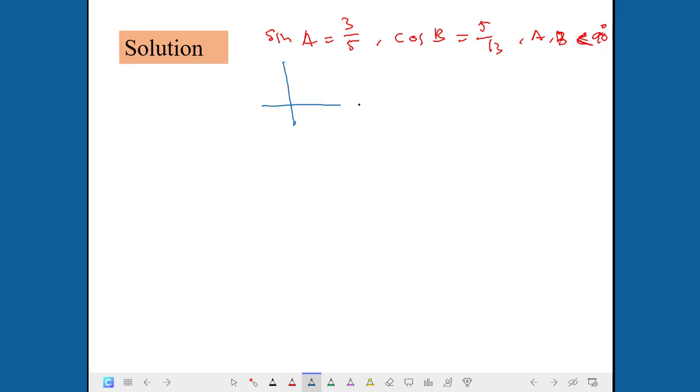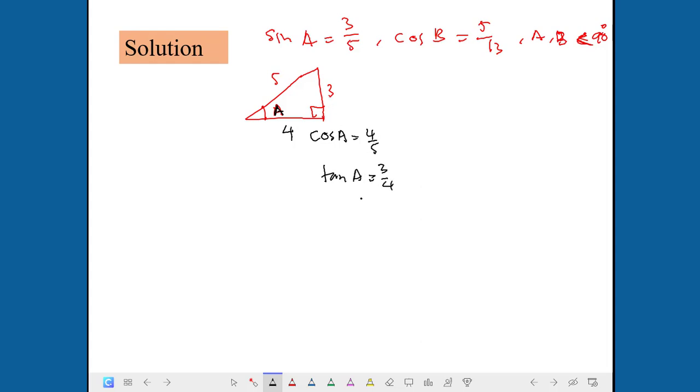This is angle A, sine is 3 over 5, so the adjacent side is 4. So cos A is equal to 4 over 5, and tangent A is equal to 3 over 4. That is for angle A.